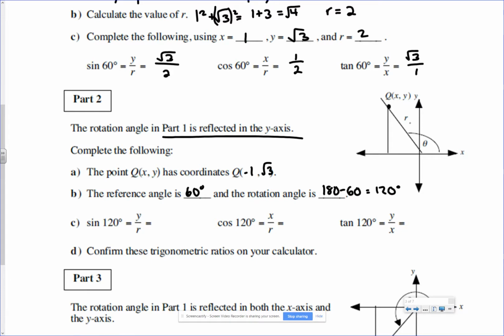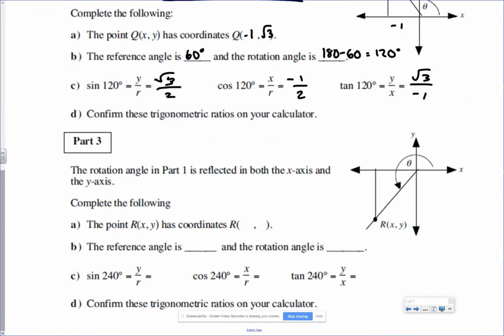So filling these out, the only thing different here is that the x is now negative. This is still root 3 over 2. This is going to become negative 1 over 2, and this is going to become root 3 over negative 1.